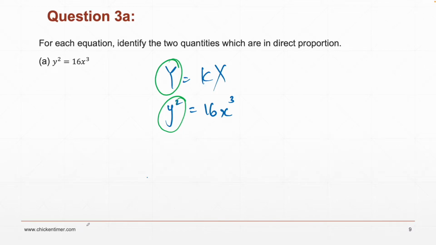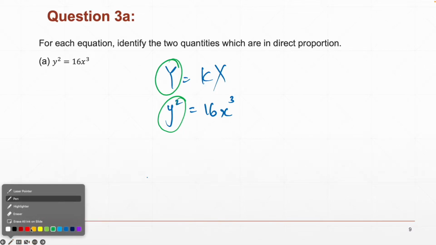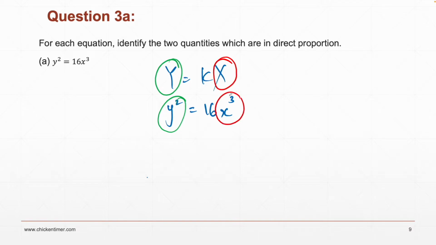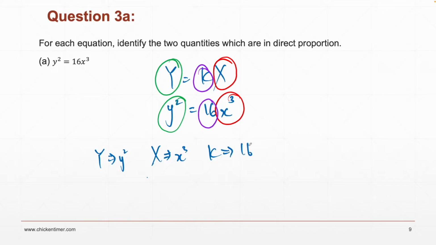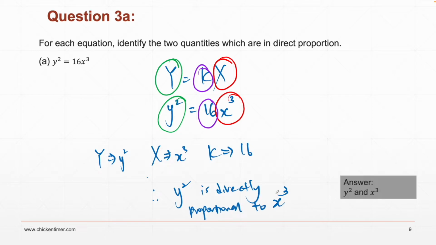So the Y will go with the y squared, then you have the X with the x cubed, and you have the k with the 16. Therefore, y squared is directly proportional to x cubed.